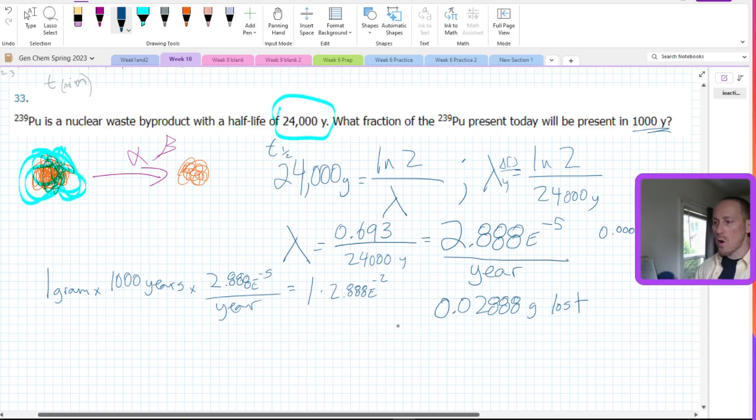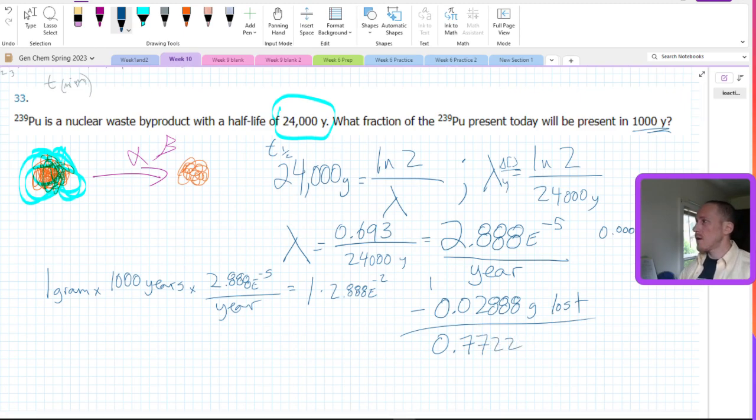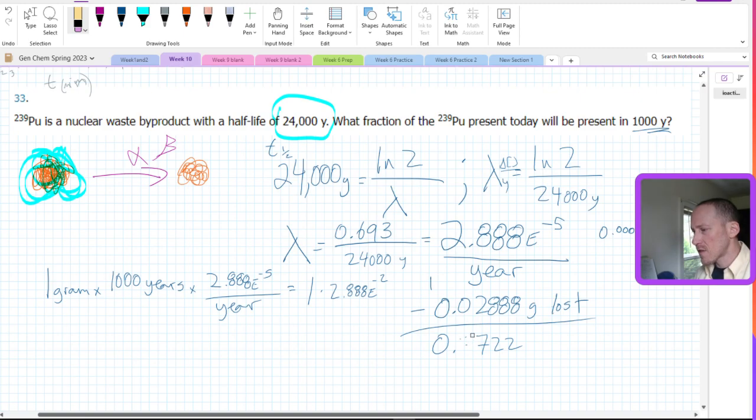And we started with 1. So 1 minus that is going to be 0.7722. I think I am going to do the responsible thing and make sure. I feel like I just super messed something up there. Oh yeah, duh. Good thing I busted out a calculator.